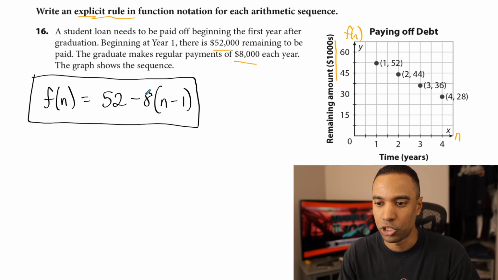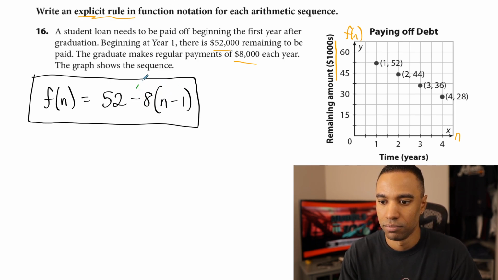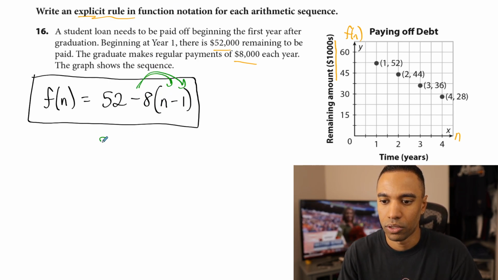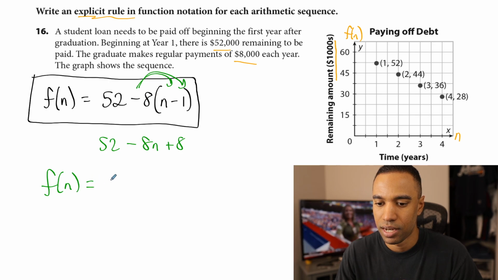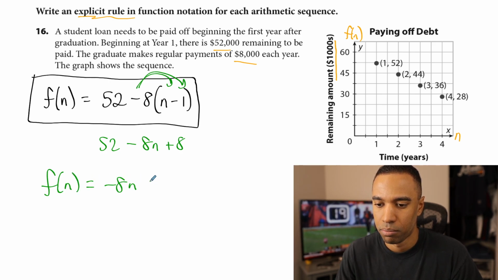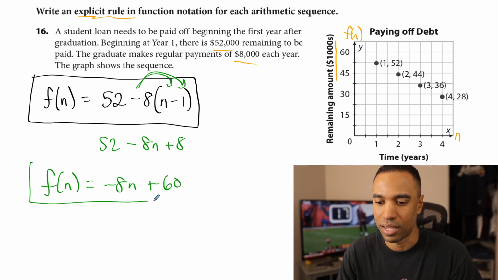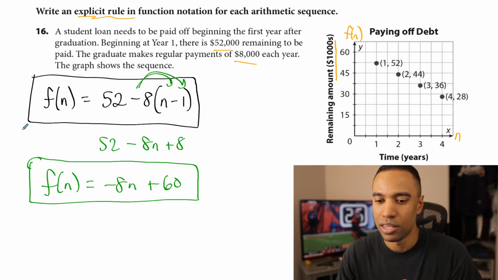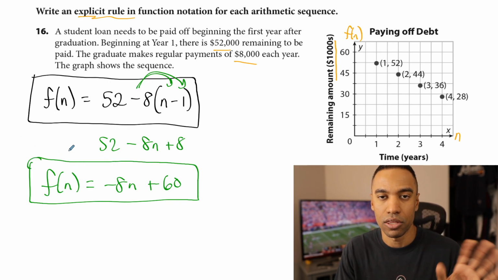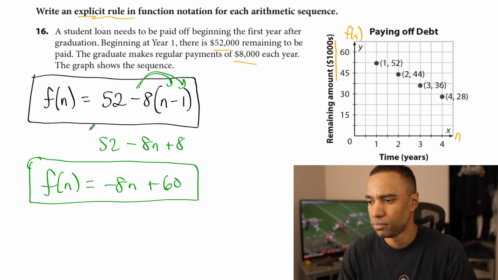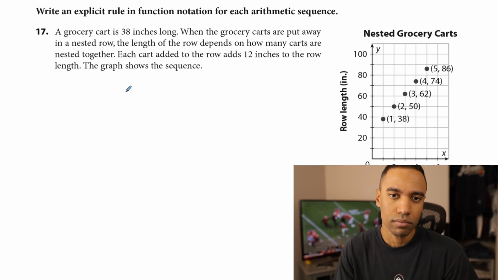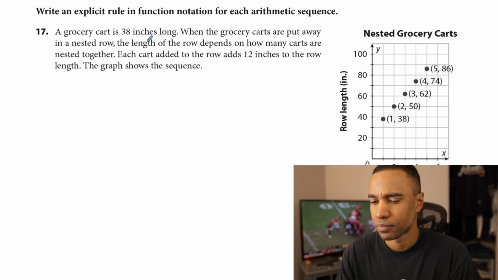Or alternatively, if I distribute the negative 8, it would look like 52 minus 8n plus 8, which is negative 8n plus 60. And again, writing it kind of in that slope-intercept form appearance, these are both the explicit rule, either or. Simplified, unsimplified. But again, telling the better story.